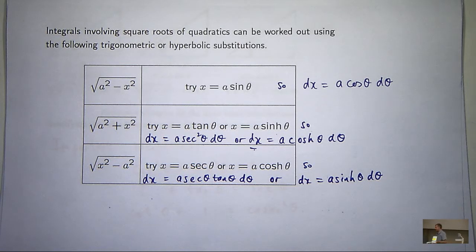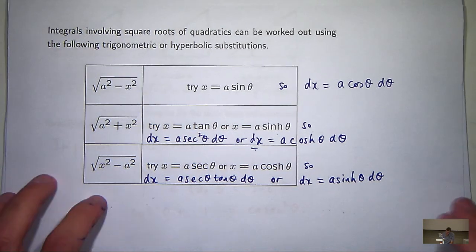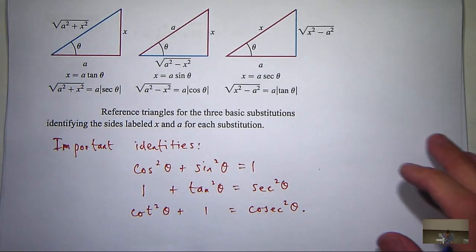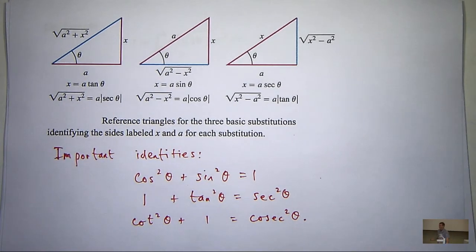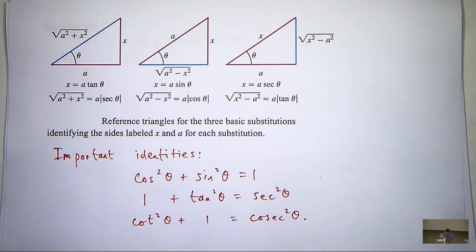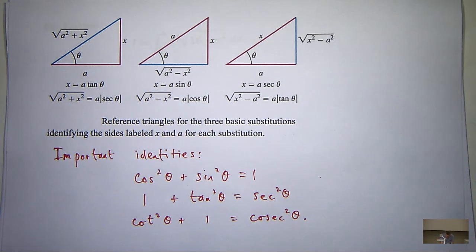We're going to look at a few examples, and I'm going to illustrate how these things work in practice. Before we get to that though, when we solve these problems, we're using a little bit of trig, and these triangles are going to be important.